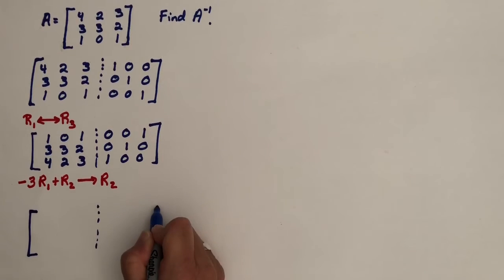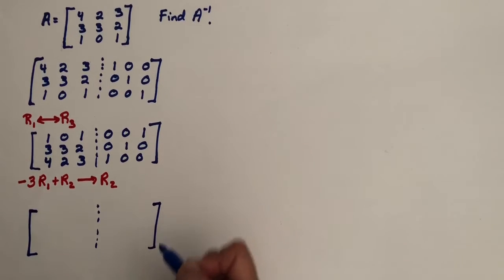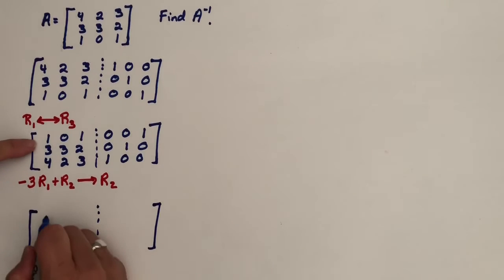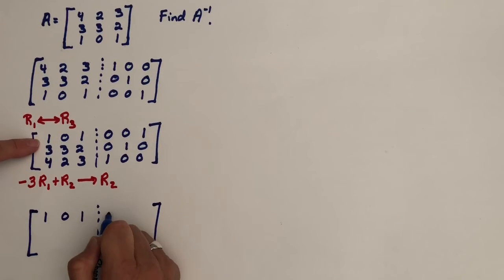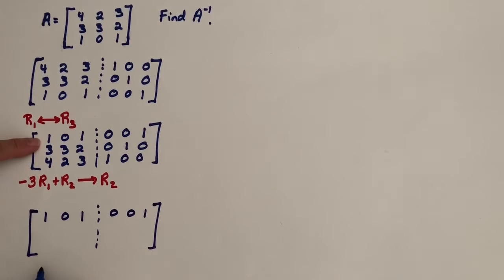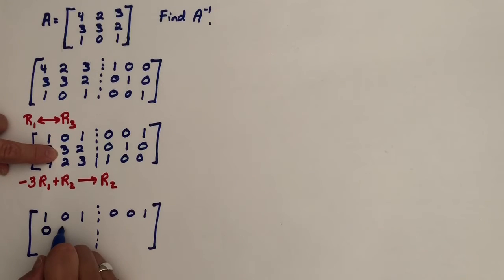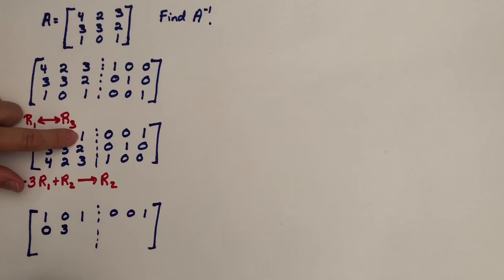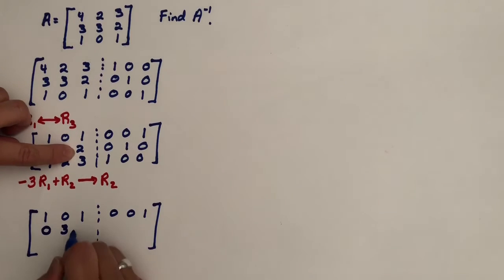Row 1 is unchanged. So we have 1, 0, 1, 0, 0, 1. And here we go. -3 times row 1 added to row 2. -3 times 1 is -3, plus 3 is 0. -3 times 0 is 0, plus 3 is 3. -3 times 1 is -3, plus 2 is -1.